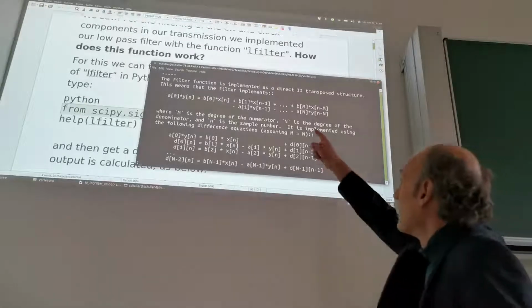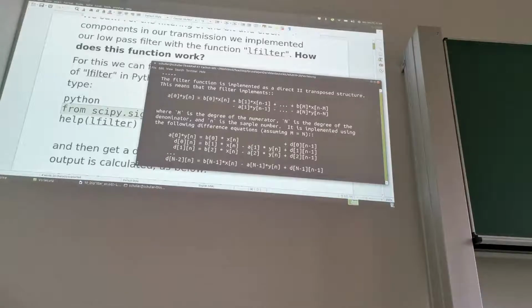So here you can see in this first equation what it actually does. Here you can also see the meaning of those coefficients. You can see y is the output of this function, x is the input, and here you can now see the coefficients in action. You can see the output scaled by a0, so that's actually why usually a0 is chosen to be 1, so that you can forget about this coefficient here.